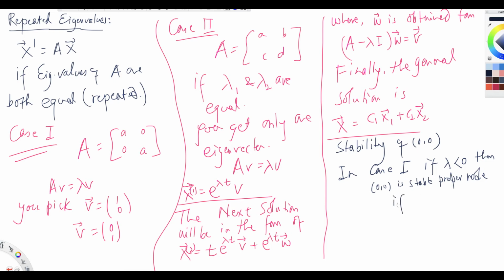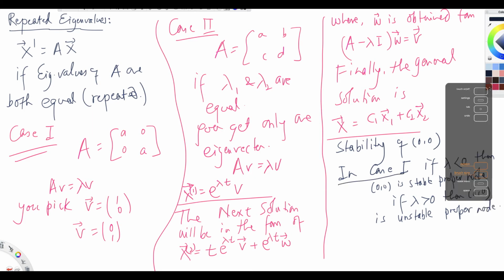If lambda is greater than 0, then (0, 0) is an unstable proper node, okay? Unstable proper node. This is the case I.